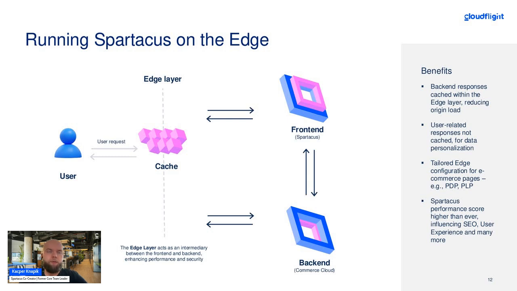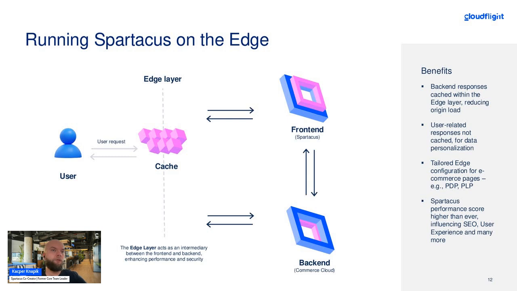And so the flow is that, of course, the edge layer is not going to contain every single page, every single request, every single piece of data. We have to trigger that fetching.